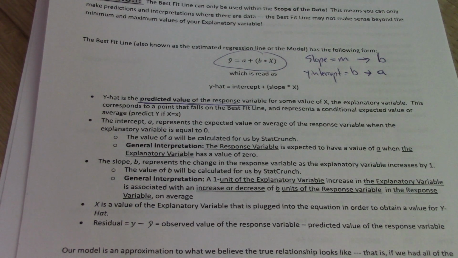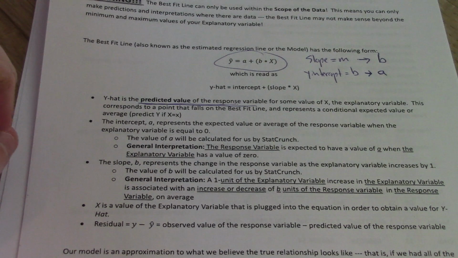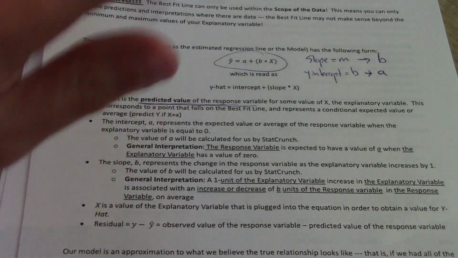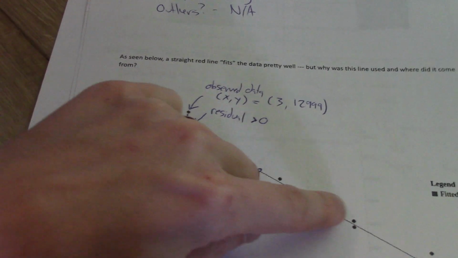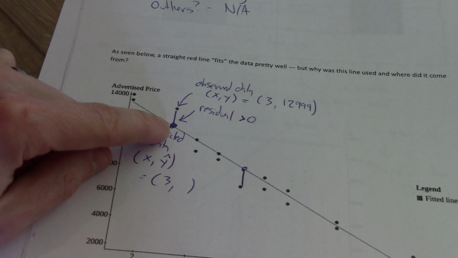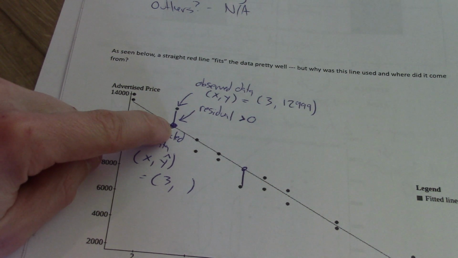What's maybe a little bit different is that you might expect that the line and points on that line would refer to an individual car. All of the data points in the scatter plot are individual cars. So you might think a point on the line is a predicted price for an individual car.